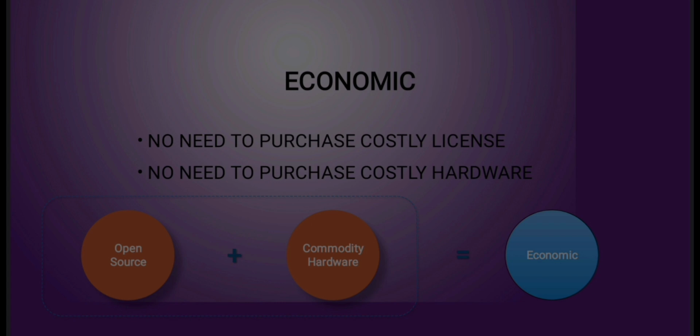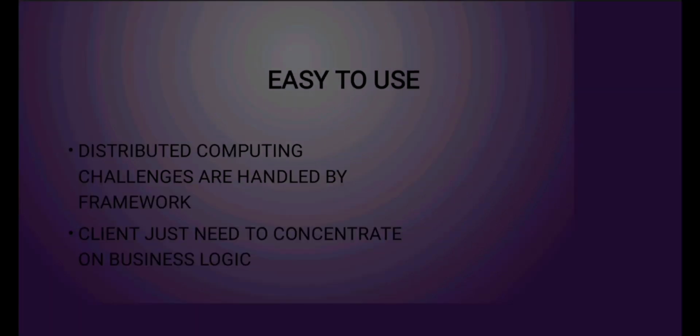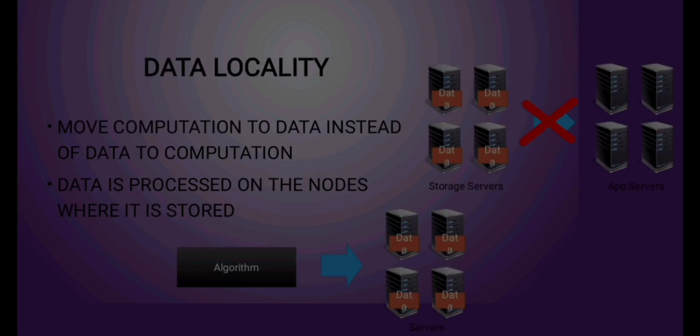Open source plus commodity hardware gives economic benefit. Easy to use. Distributed computing challenges are handled by the framework, and the client just needs to concentrate on business logic. Data locality. Move computation to data instead of data to computation, and data is processed on the nodes where it is stored. The process of data locality is mentioned in the presentation.